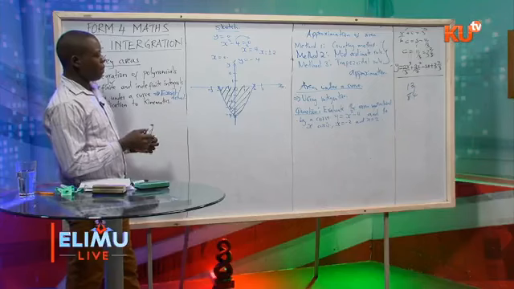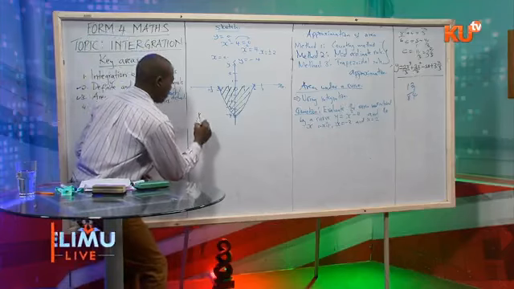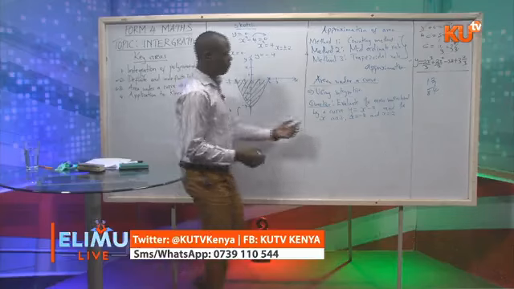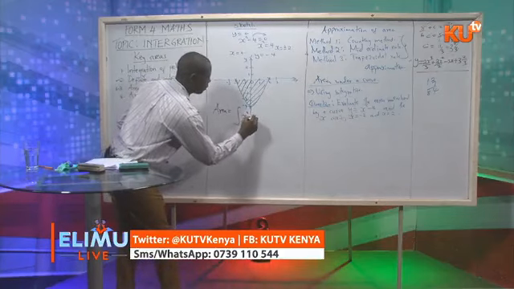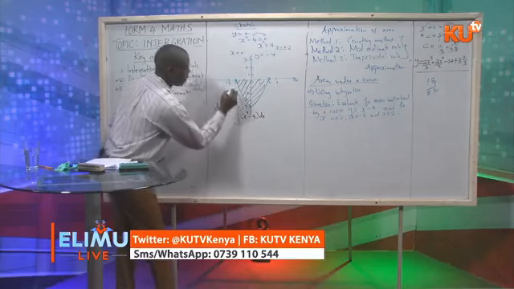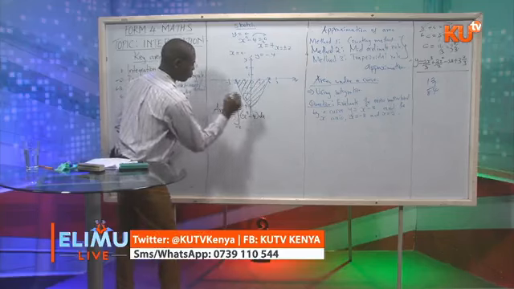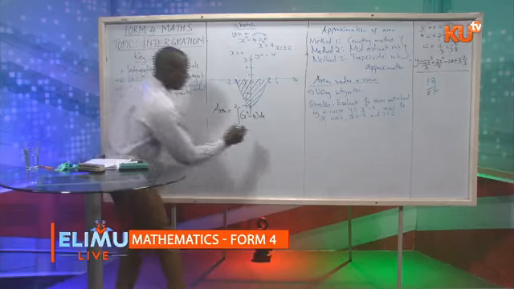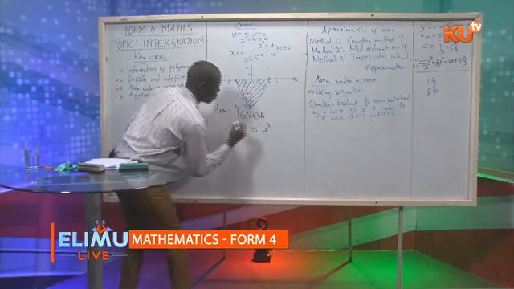And so when you're calculating by integration, then we say area will be equal to, we integrate the function of the curve, which is x squared minus 4 with respect to x from x is -2 to x is 2. So we work out this and say x squared now shall have x cubed over 3.